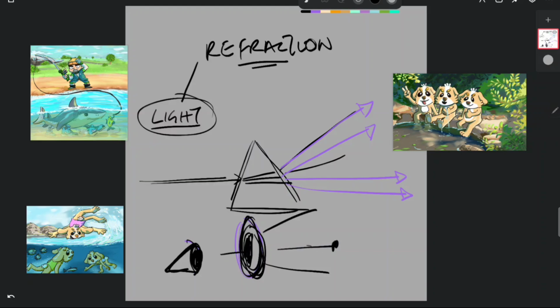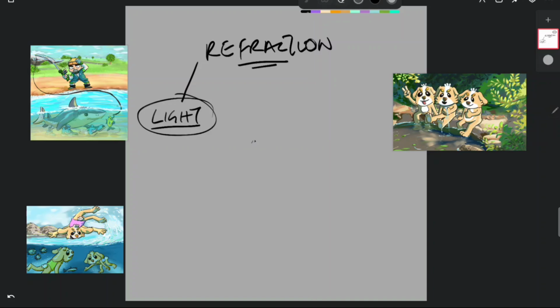But we can also see something like that, not just in light. We can see it when an object enters into water. You dip your finger into water.